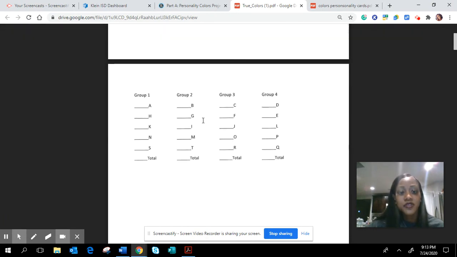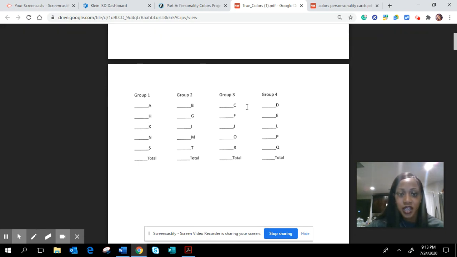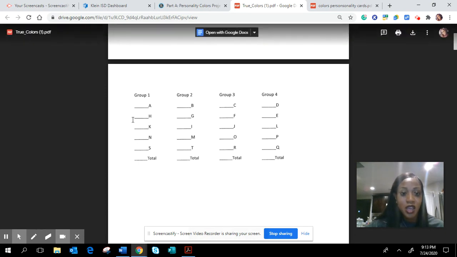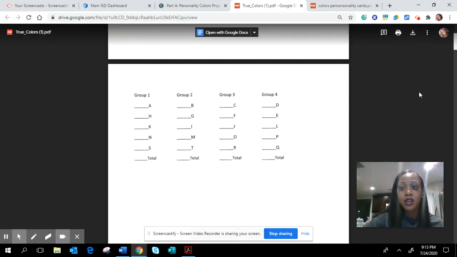Now, after you're done identifying what numbers you put for every single letter, you are then going to simply add up every single digit here, going down, and you're going to put that total here. I hope you guys understand what I'm saying. I'll just repeat this one more time for clarity. All right, so here we go.